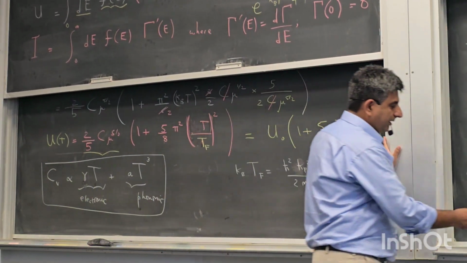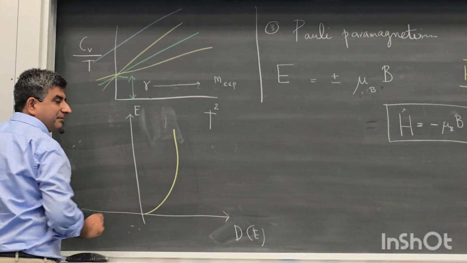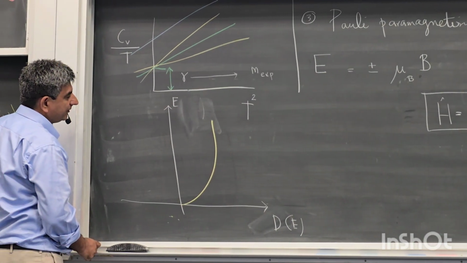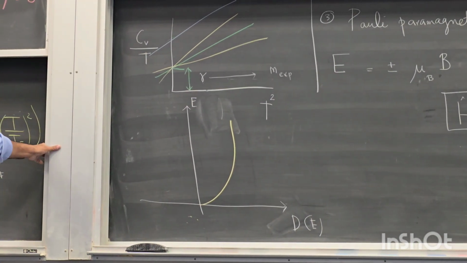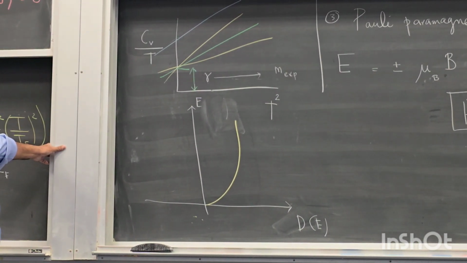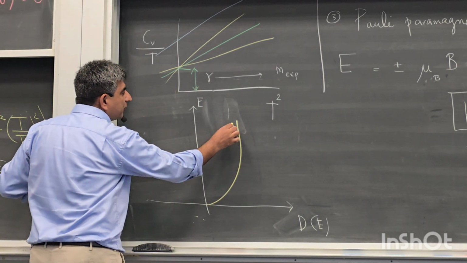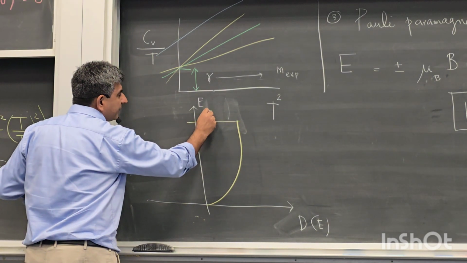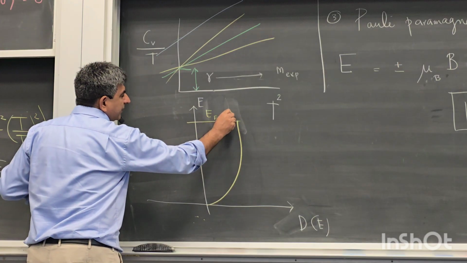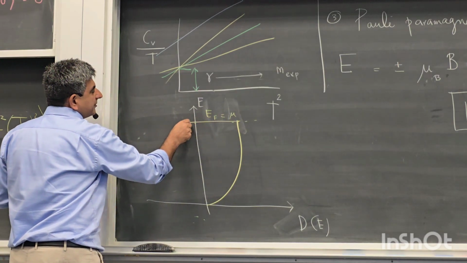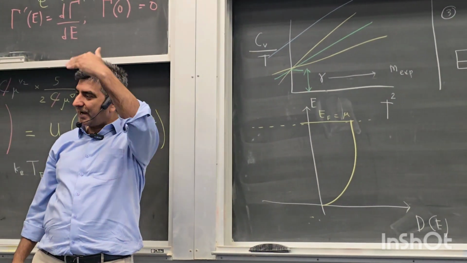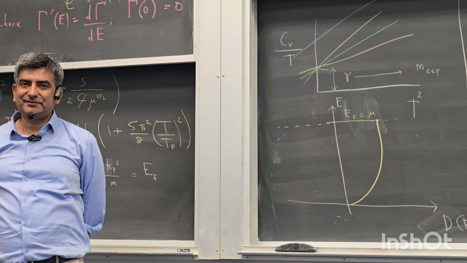So I can plot a diagram. This is the density of states. Suppose everything is at 0 Kelvin. So this is my Fermi energy here, equal to the chemical potential. All the electron states up till the Fermi energy are populated.